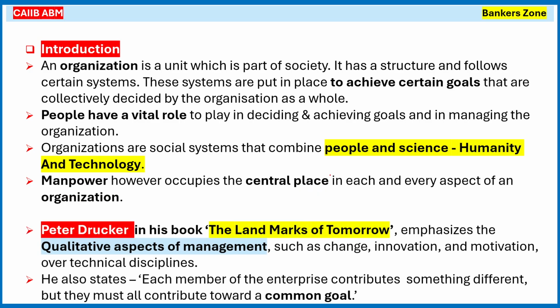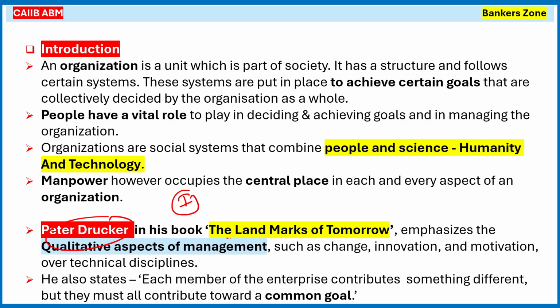Now see, Peter Drucker has written one book, the name is The Landmarks of Tomorrow. It emphasizes the qualitative aspect of management, for example, change, innovation, motivation, or technical discipline. Very, very important. Remember, okay?